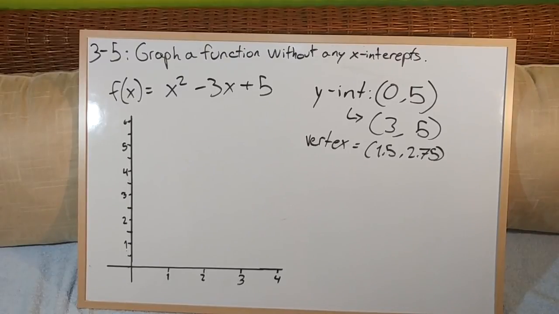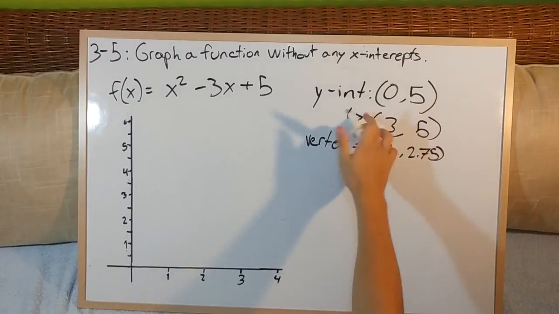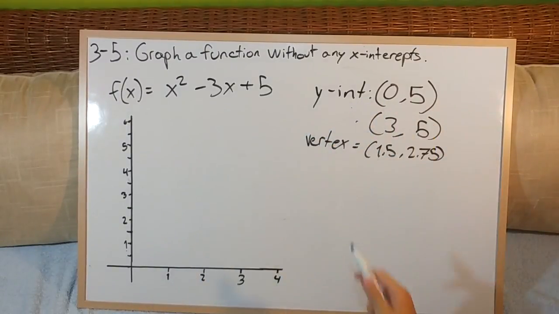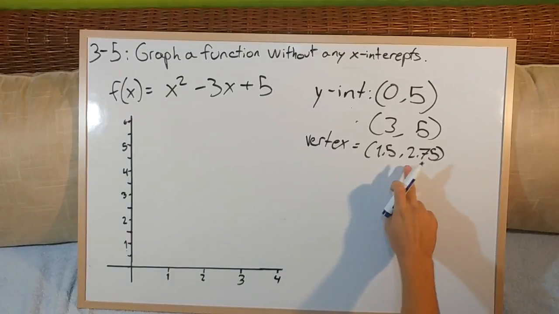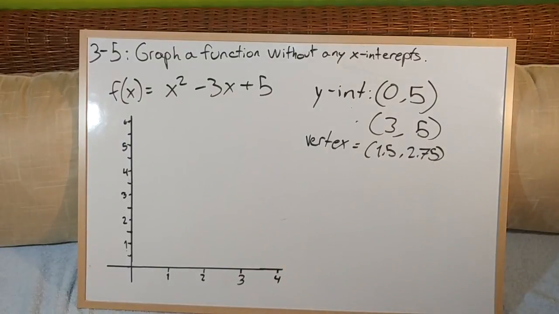So we have our 3 points. The y-intercept, (0, 5). Another point on the graph, (3, 5). And the vertex, (1.5, 2.75). Let's start plotting these points and then graphing. So the y-intercept goes first, (0, 5).